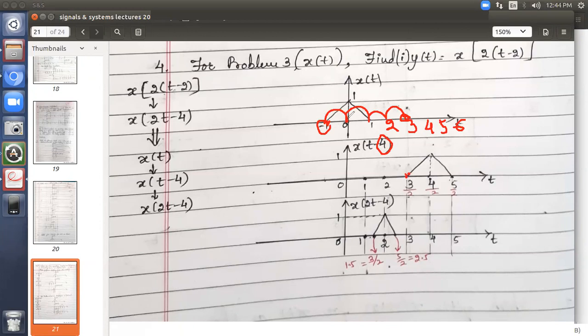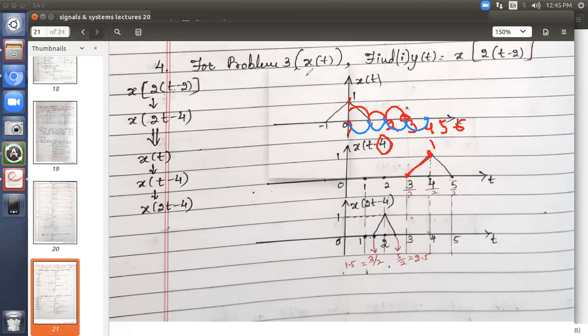Then take point 0. For point 0, again 4 shifts: 1, 2, 3, 4. So at 4, 0's amplitude is present. What is 0's amplitude? If you observe, it is 1. So here at 4, you will get amplitude 1 and this ramp will appear.